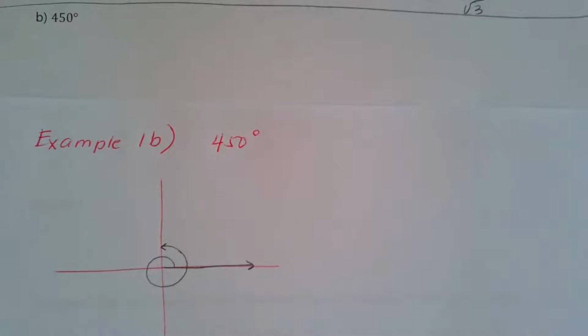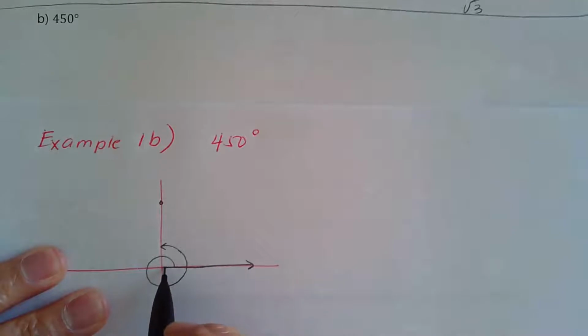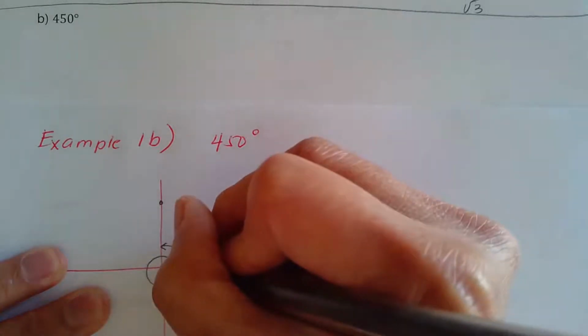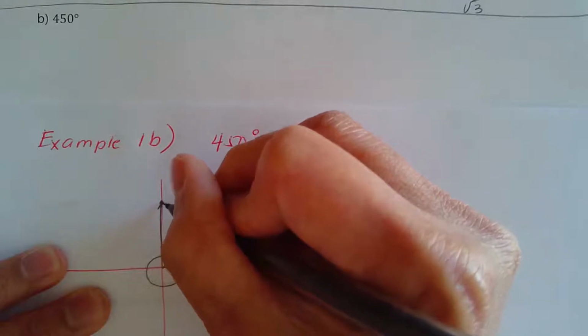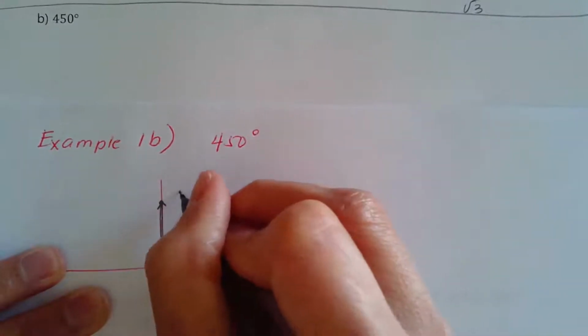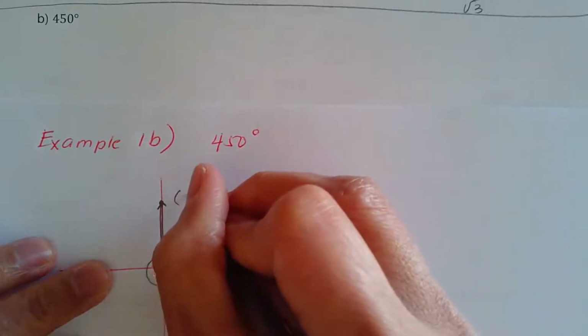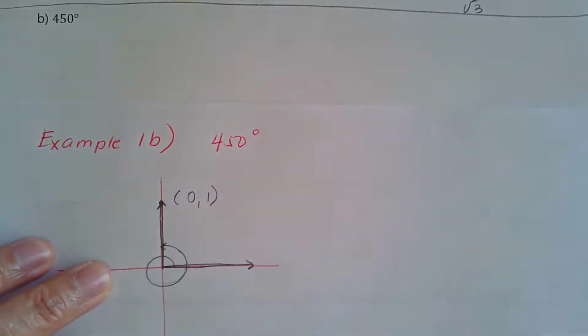Oops, too much paper in here. We can do the sine, cosine, and tangent. So this is my initial arm, and then I'm going all the way around, and then this is my terminal arm. So where is this one here? The point there is 0, 1.